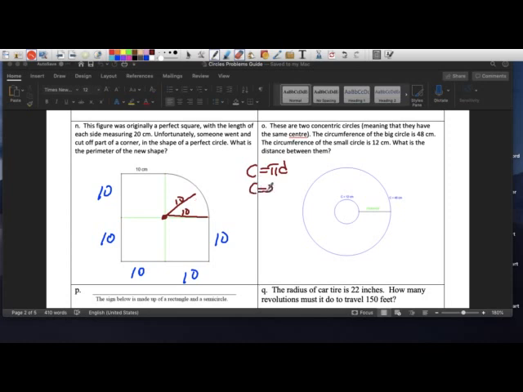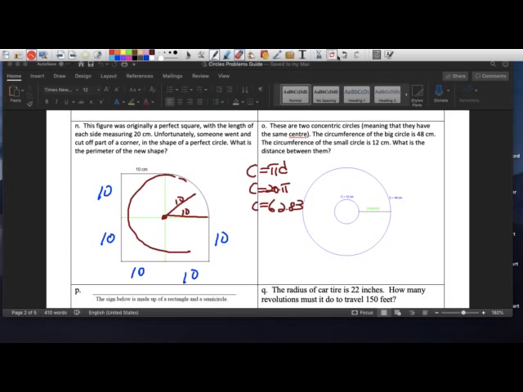So C equals 20 times pi, which equals 62.83. 62.83 is the full lap, right? So imagine if that was a circle. Let me just draw it.